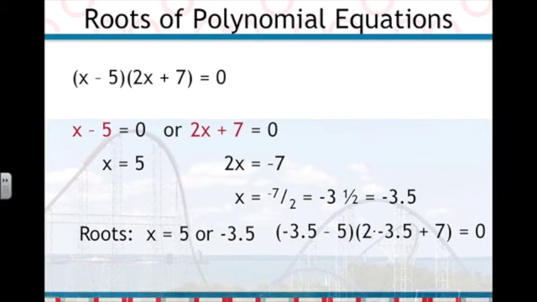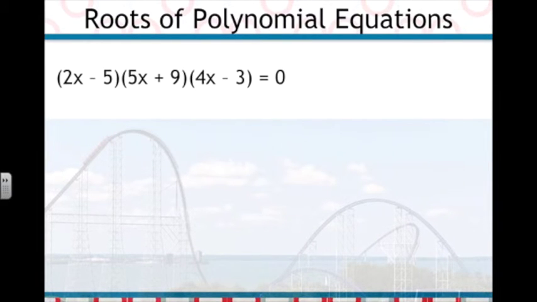If we plug in negative 3.5, we get negative 3.5 minus 5 times 2 times negative 3.5 plus 7. And again, does that equal 0? We have negative 8.5 times 0, which does equal 0. So we know negative 3.5 is correct as well. Notice that it didn't matter what the other factor equaled in each case. As long as one of the factors equals 0, the product will be 0.